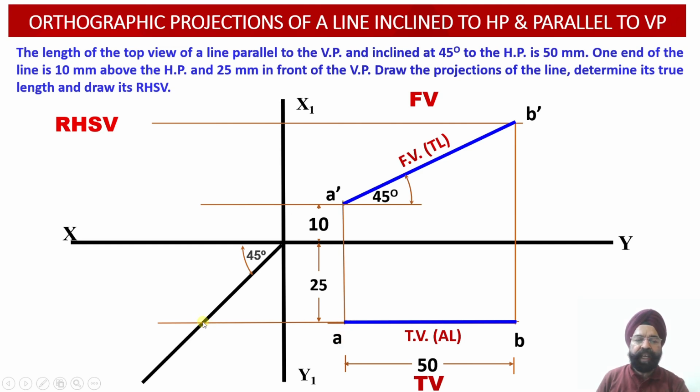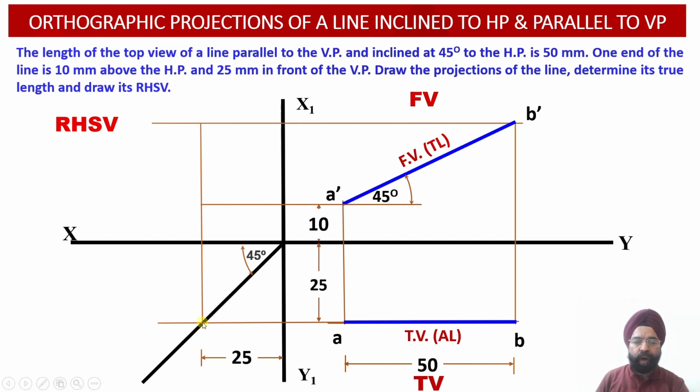Now we can see that this distance of 25 millimeter from the vertical plane in the plan has been transferred to a 25 millimeter distance in front of the vertical plane. So this is the vertical plane, and this distance will be 25 millimeter in front of the vertical plane, right? So the direction has been changed over here.